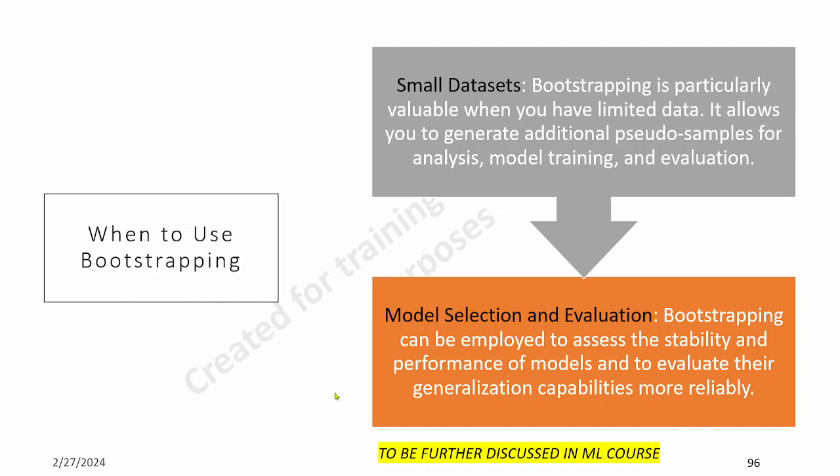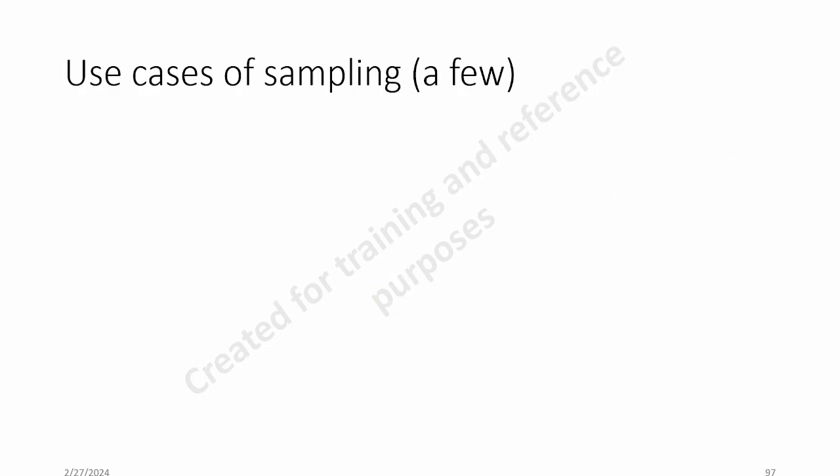I will cover it more when we discuss machine learning, especially boosting-based or ensemble-based models. We will talk about bootstrapping there. Just to summarize the use cases of sampling, I have listed a few of them. You could apply sampling techniques in almost any statistical or data analysis.